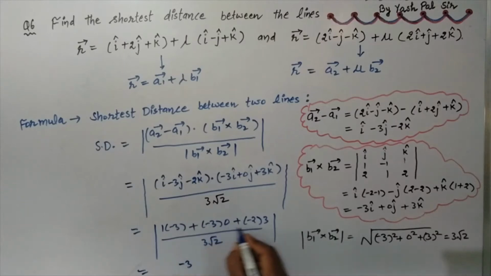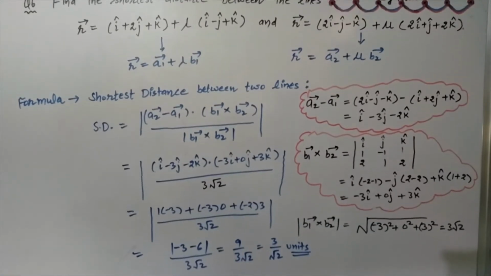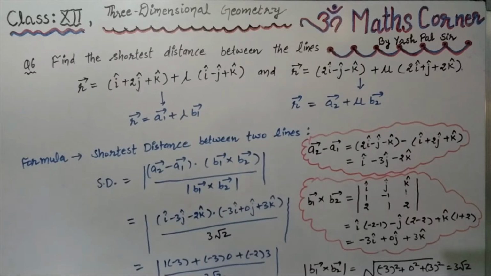So now the product is minus 3, 0, minus 6, mod, divide by 3 square root of 2. So this is equal to 9 upon 3 square root of 2, which is again equal to 3 upon square root of 2 units. This is the required shortest distance.